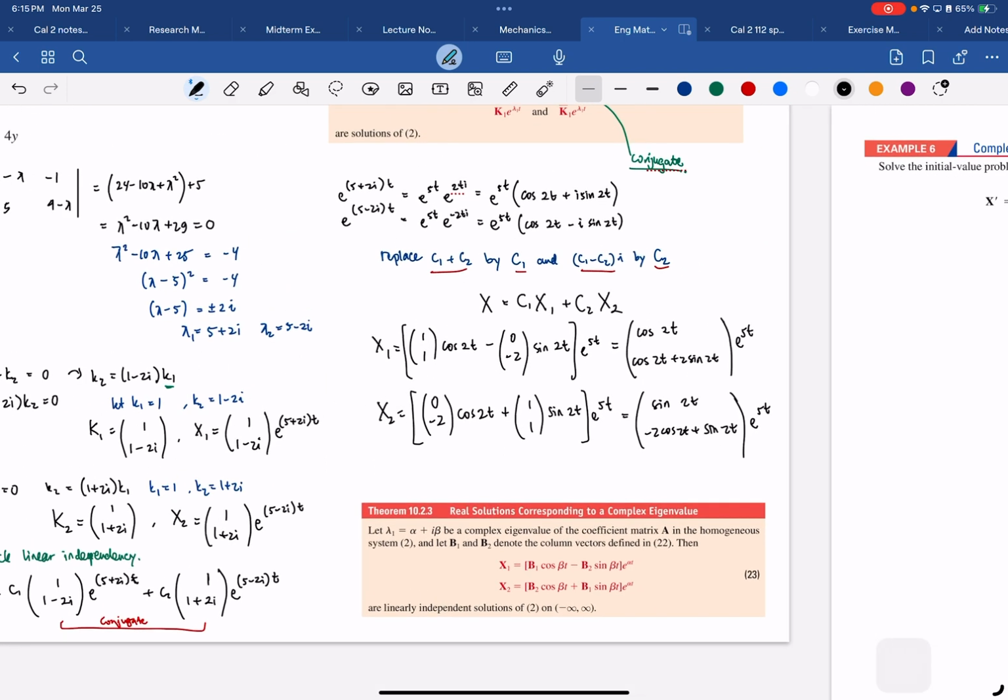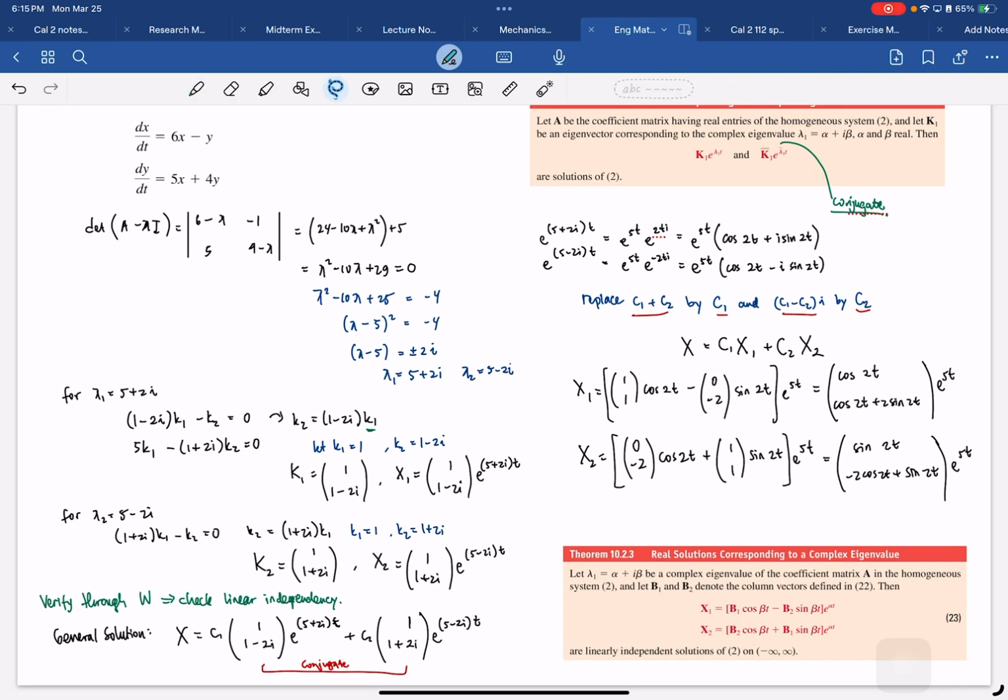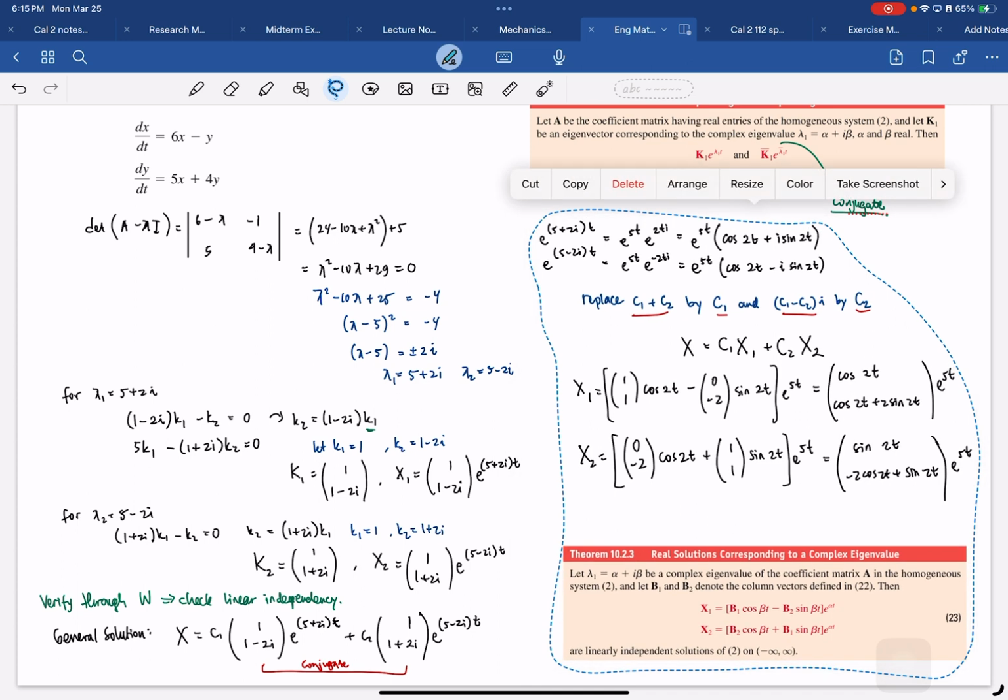Let me just copy this, and just add some additional notes.